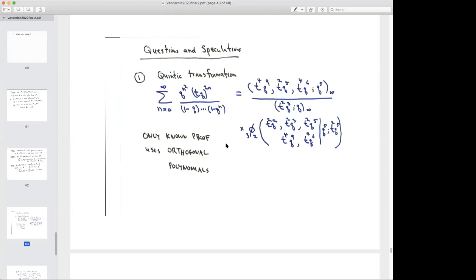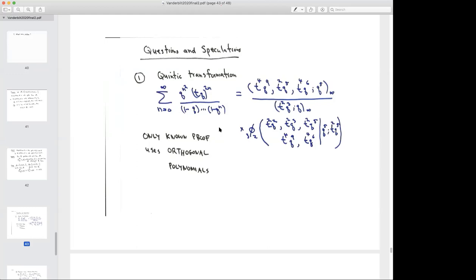The only known proof of this identity uses orthogonal polynomials. I don't know what this identity is in all those other possibilities for all those other areas of math. What is this saying? You would think that in the Lie algebra A11 that does Rogers-Ramanujan, this would have a lot of meaning.